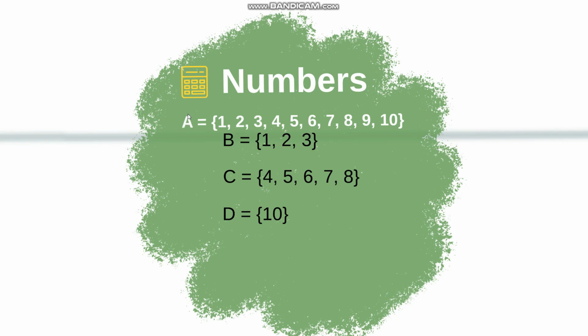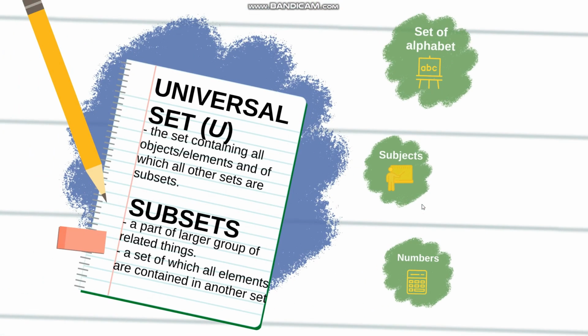And set A is a universal set because it contains all of the elements of set B, C, and D. Okay? That is for our universal set and subset.